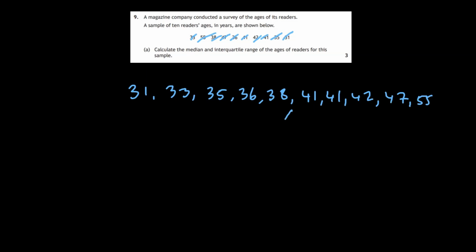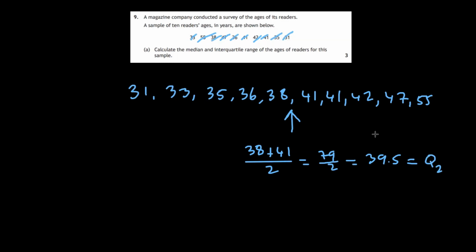So the median would be halfway between these numbers. So it would just be 38 plus 41 over 2. And that gives 79 over 2, which is 39.5. So that would be the median. So Q2 just means median, by the way.